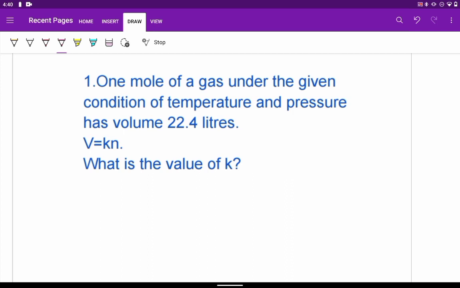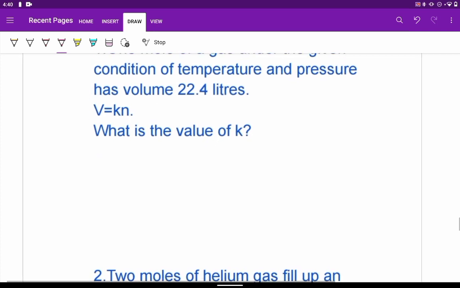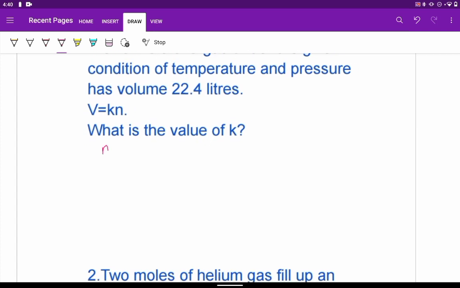The first question states that 1 mole of a gas under given condition of temperature and pressure has volume 22.4 liters, and we know V equal to Kn. What is the value of K? See, it is 1 mole, so N equal to 1, and V given as 22.4 liters.